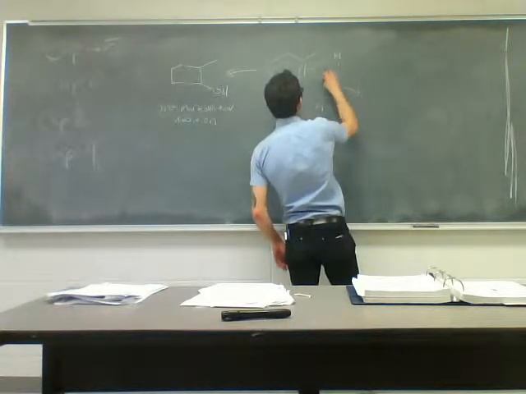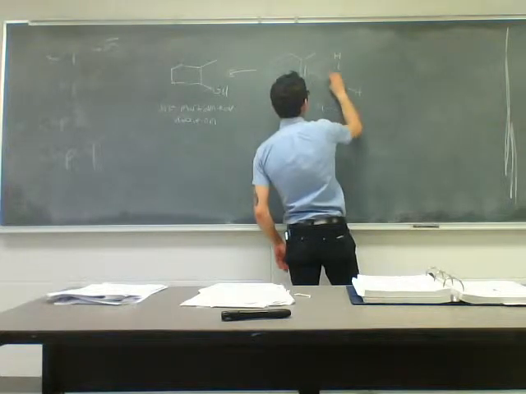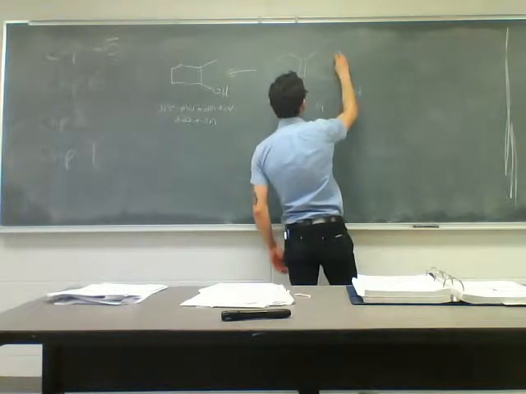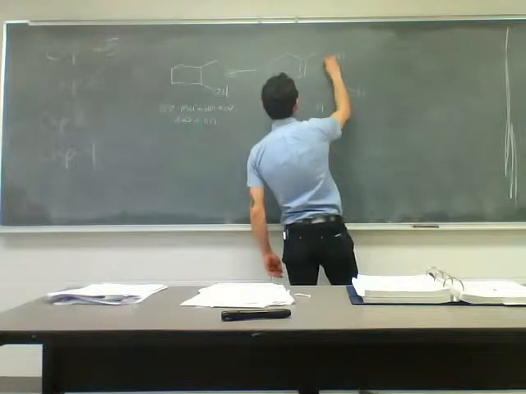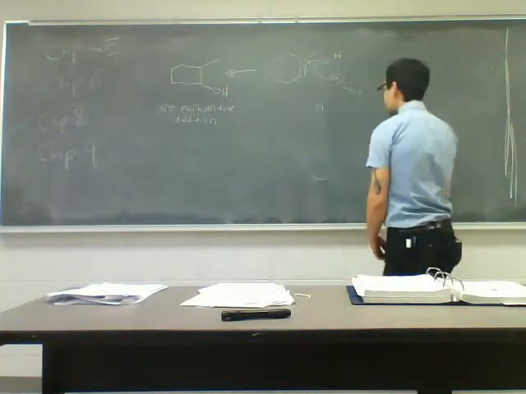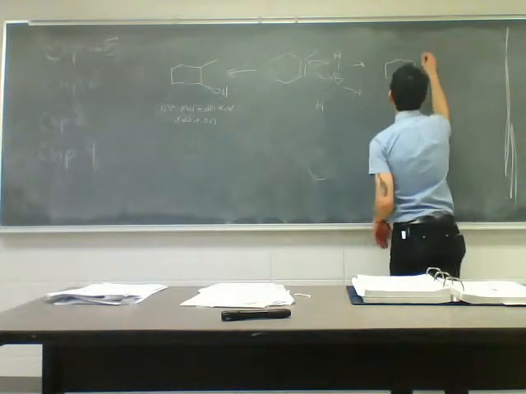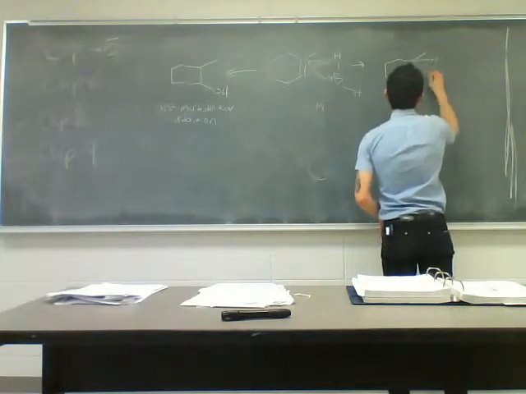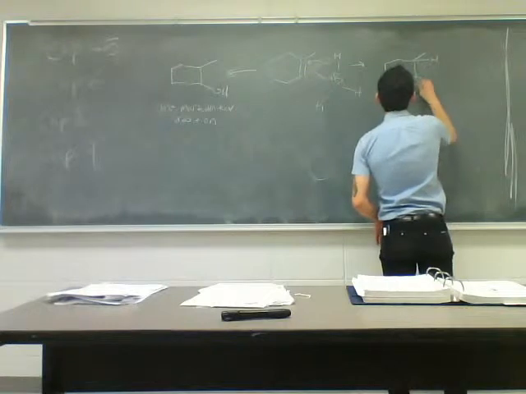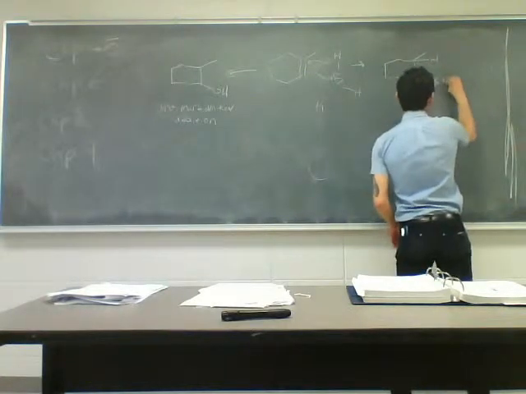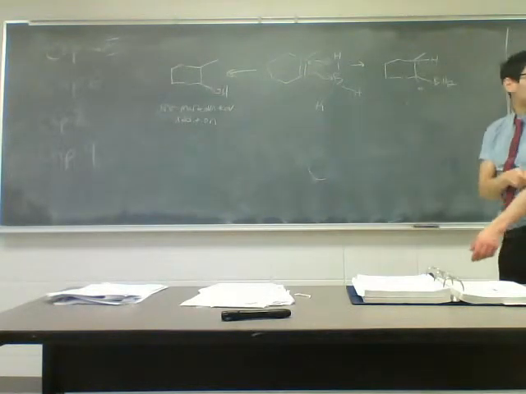Electrons go to the boron, and then this dude pops off like a hydride and goes yonder, which produces H, and we have our H and our BH2 now.